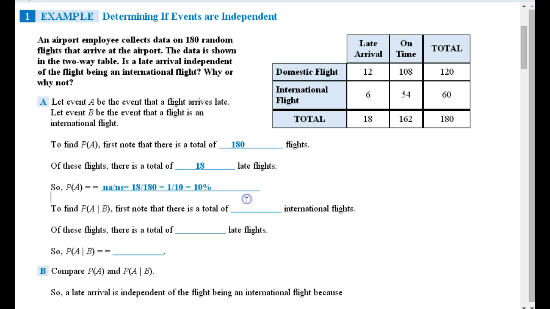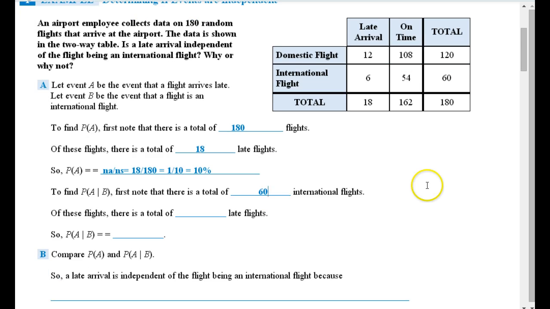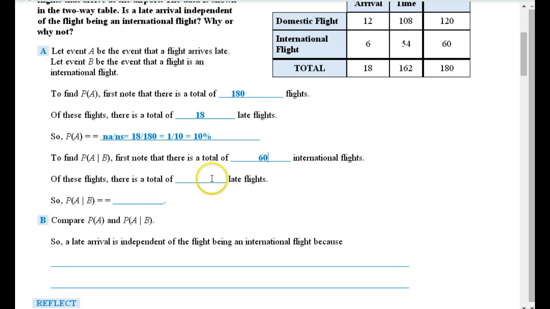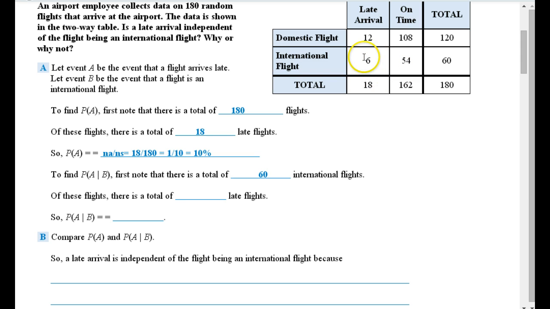Now to find the probability of A given B, first we notice there's a total of how many B? Well, there are 60 international flights, right? Now, of these flights, how many are late? There are 6 of just these 60. So that's what we're talking about when we say given that B has happened. If they told you she was on an international flight, what's the probability of her being late?